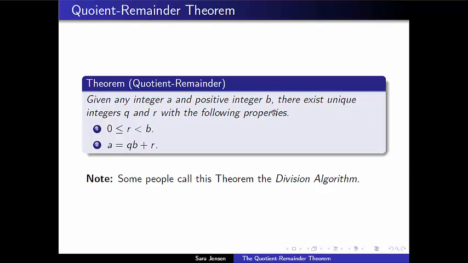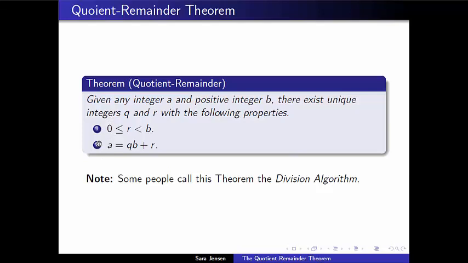If we make those kinds of assumptions, that A is an integer, a whole number, positive, negative, or 0, and B is just a plain old positive integer, then there are actually unique integers Q and R, Q for quotient, R for remainder, that have the following two properties.